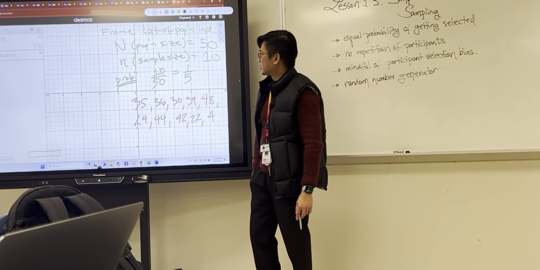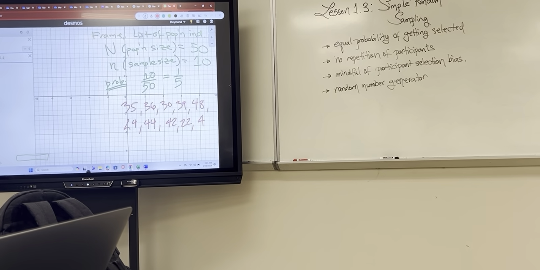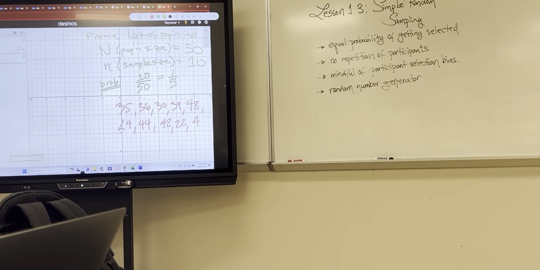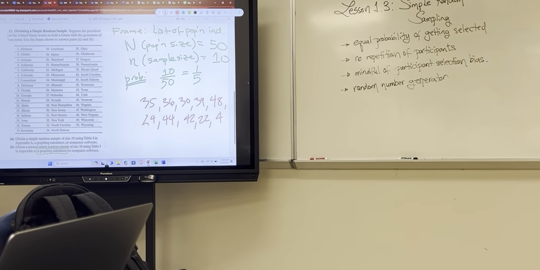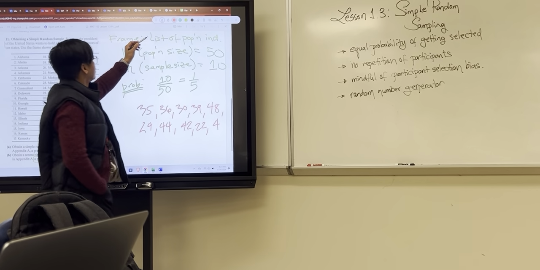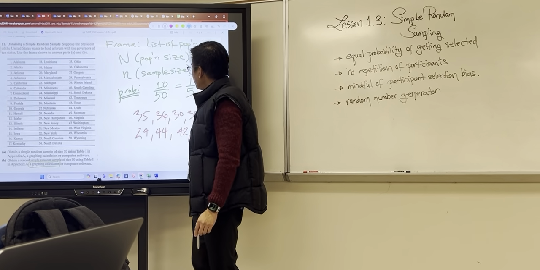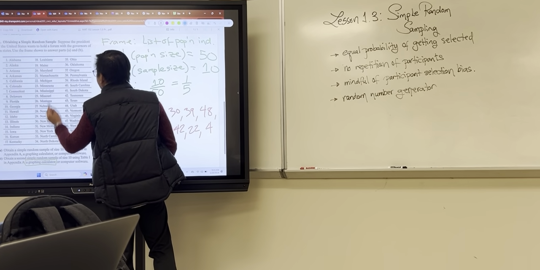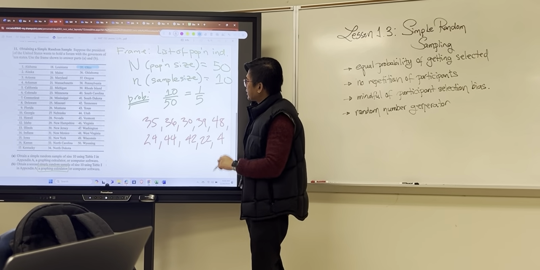Get it? So again, let us go back to the problem and let's see who are my possible participants or members of the forum. Let us highlight them in there. 35, which one is that? What state? Ohio, right? Or 36, what state is that?